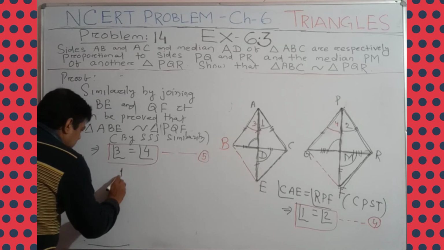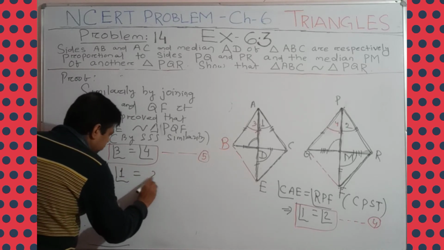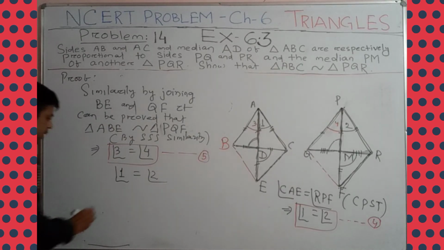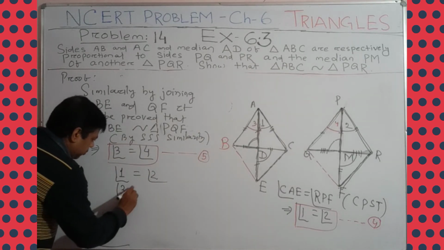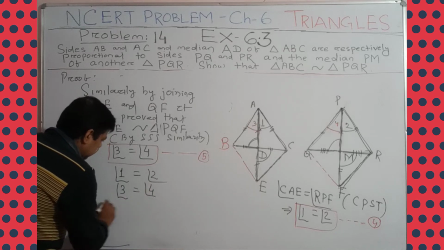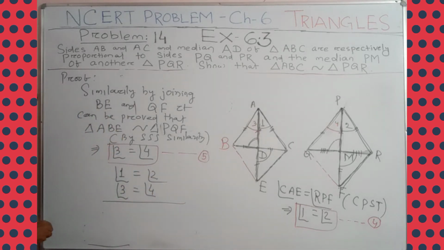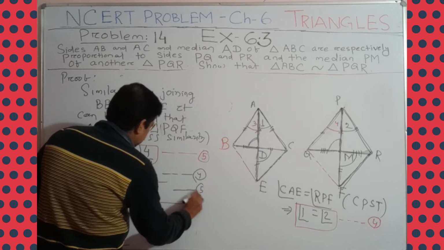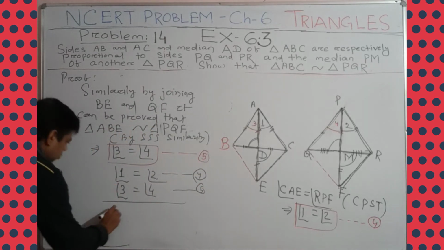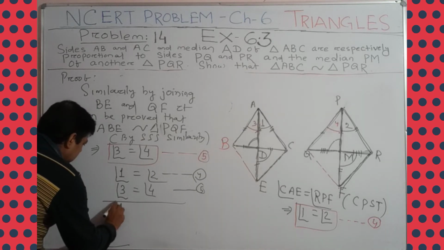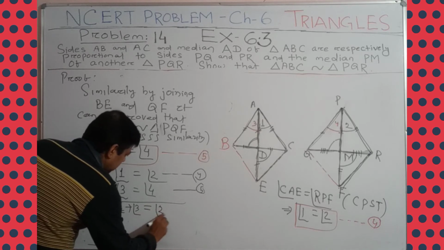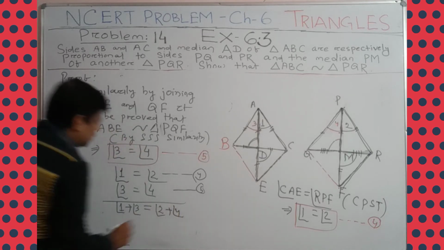Understand? Add equation 4 and equation 5. Then it will be angle 1 plus angle 3 is equal to angle 2 plus angle 4.